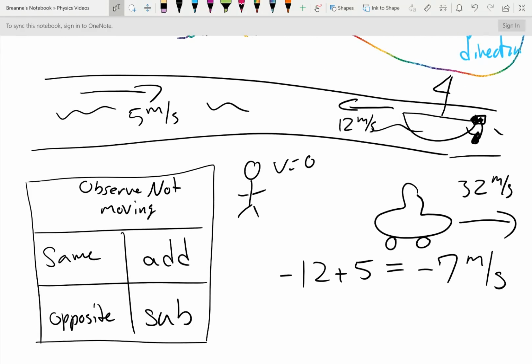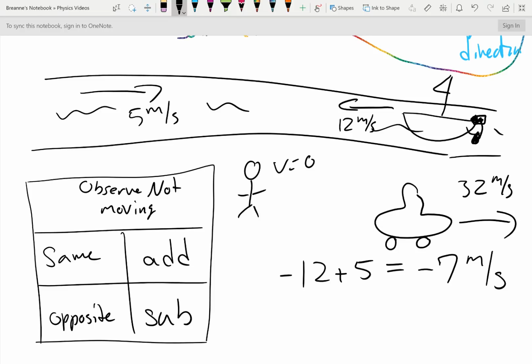And the next one, our observer is the car and the person. So to the car, the person is also moving at 32. It's just in the opposite direction. Since the car is moving to the east, it seems like the person is moving to the west because they're passing the person.